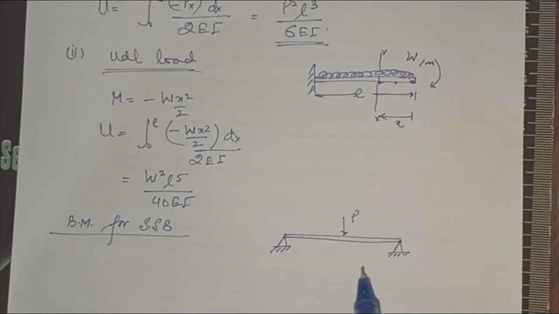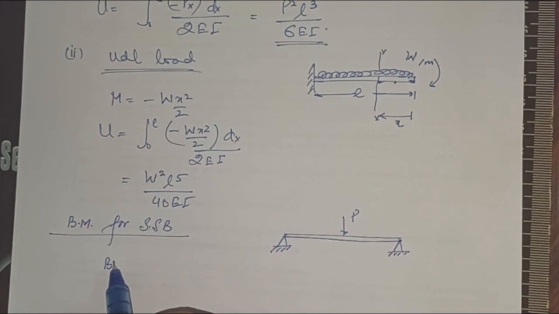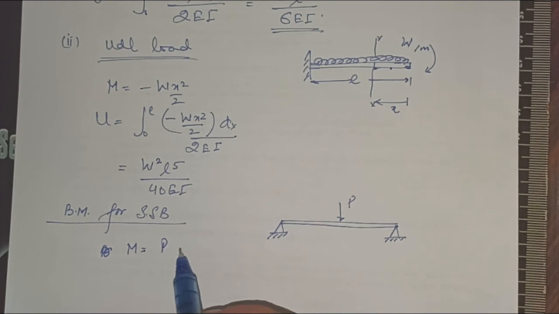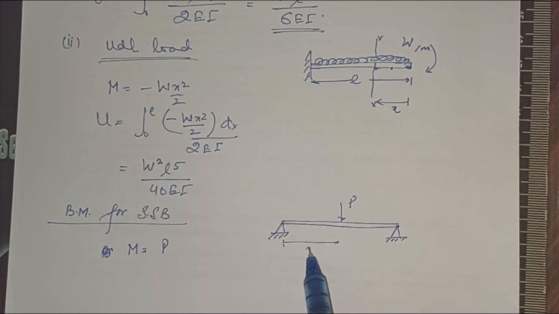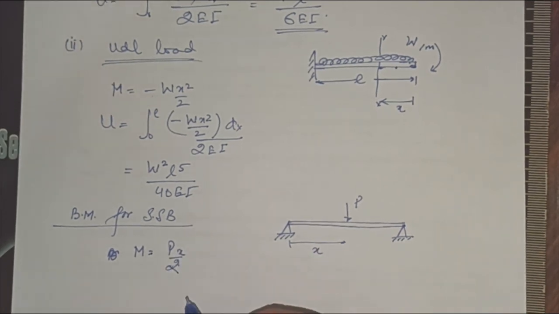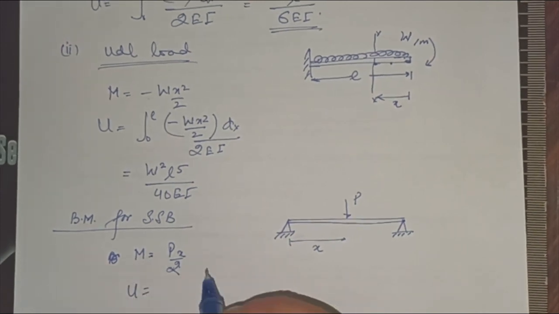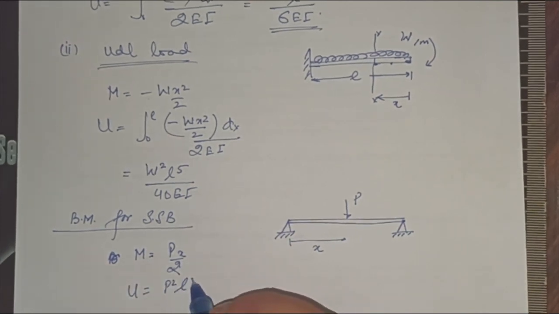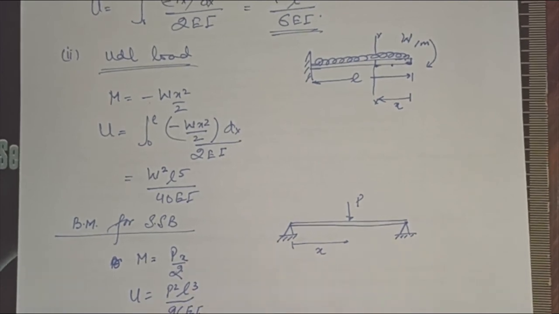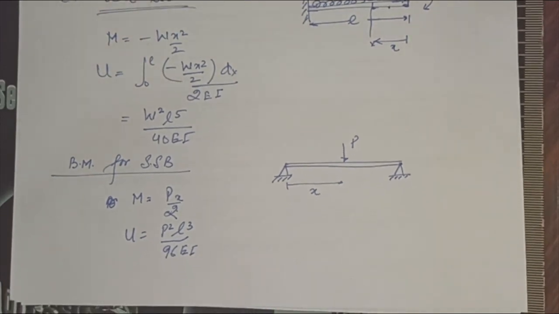So you can make the bending moment diagrams. The bending moment M, at a distance x, will be Px by 2, and the energy will be P square L cube upon 96 EI. P square L cube upon 96 EI will be the amount of strain energy obtained due to the application of this load.